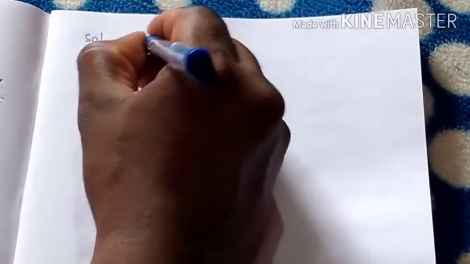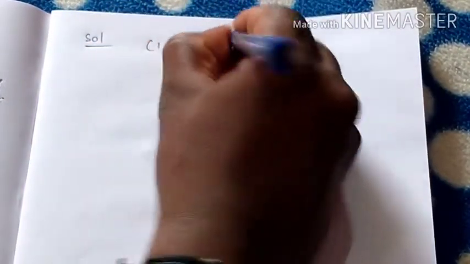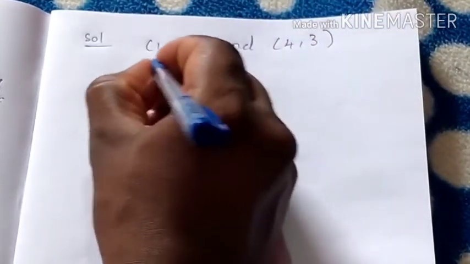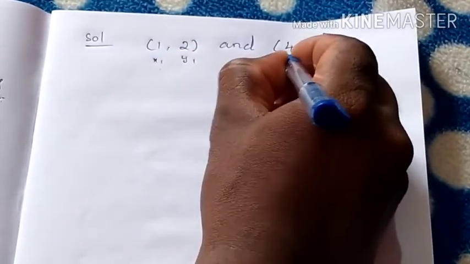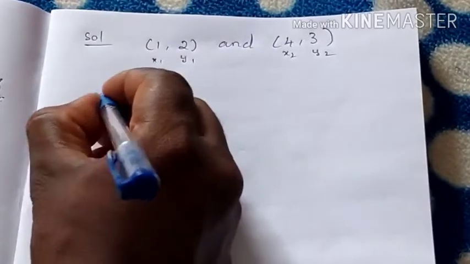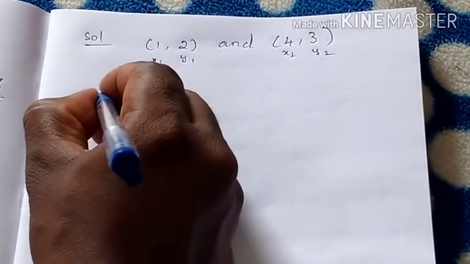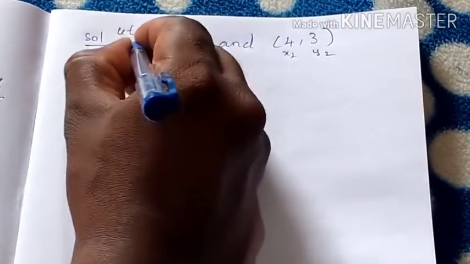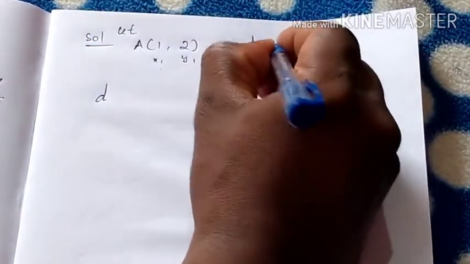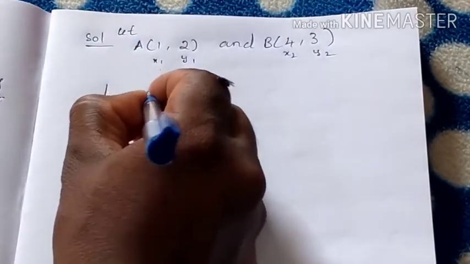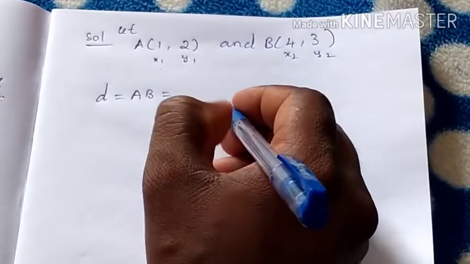The solution: let us consider the points 1 comma 2 and 4 comma 3. Here this is x1 y1, the second point is x2 y2. What is the formula for distance between any two points? Let us consider this is A and this is B, so the distance is AB.